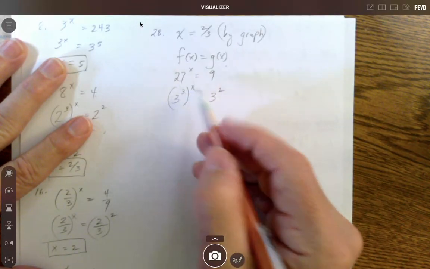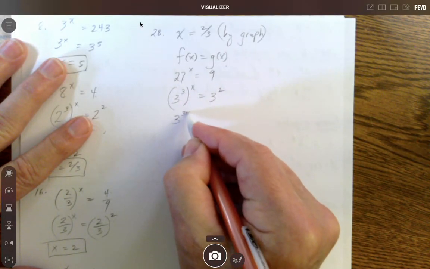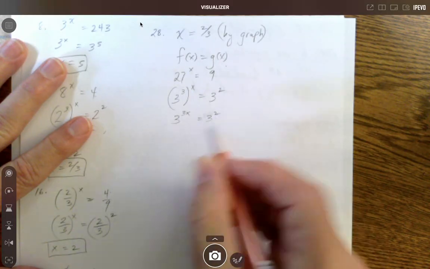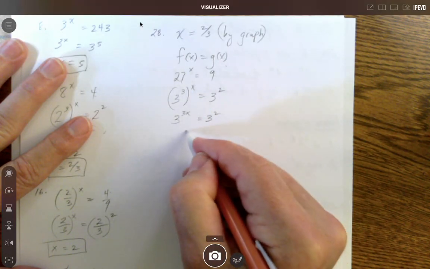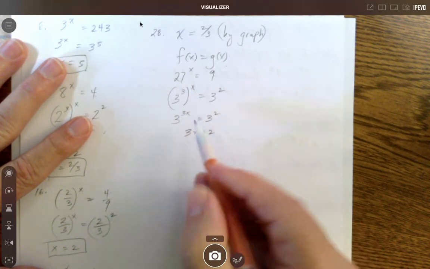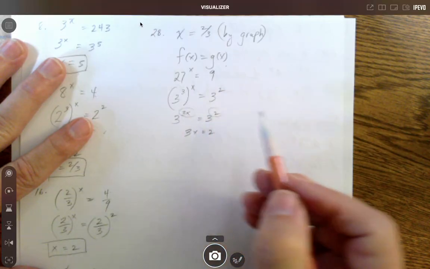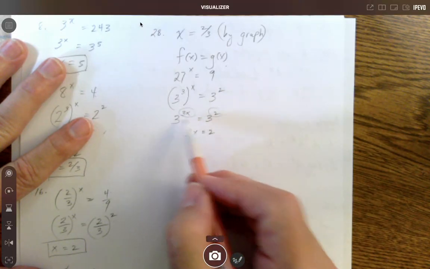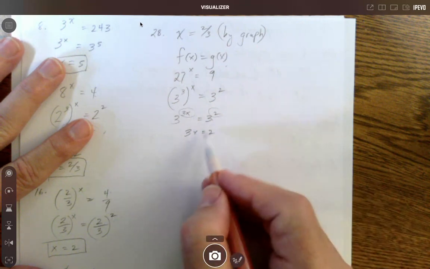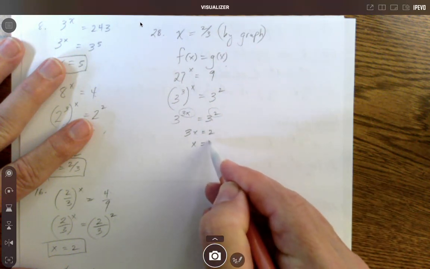You can multiply these. So 3 to the 3x equals 3 squared. So now we can see that 3x is 2. Right? I'm just looking at that now, ignoring these altogether. I don't need them anymore. So x is 2/3.